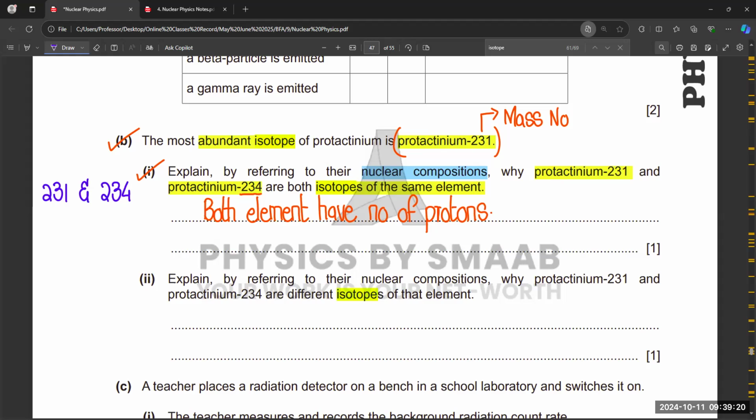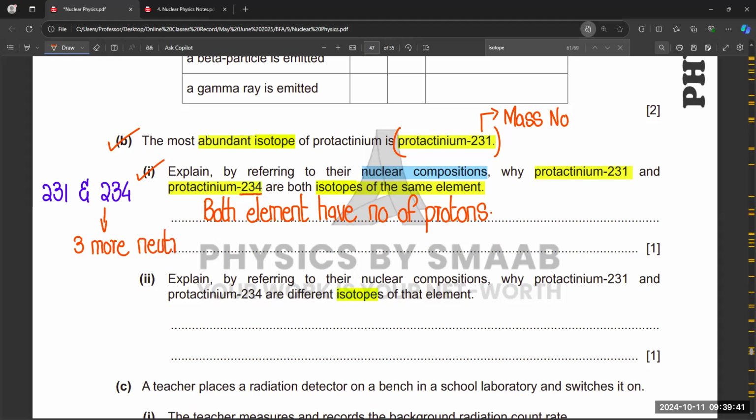There is a difference of 3. 234 minus 231 is equal to 3. So it means that this element, 234, has 3 more neutrons, right?